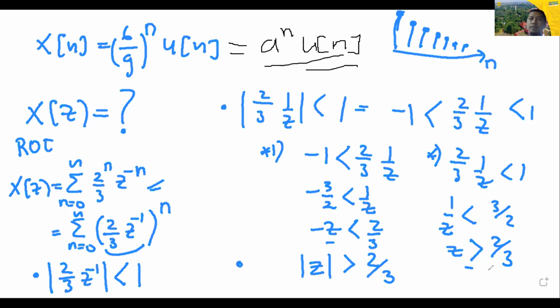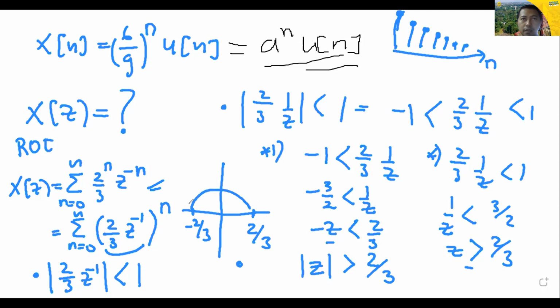Okay, and then from this point, after this, we can draw the ROC here. Actually, you can draw the 2/3 because it works from both sides. This is 4 minus 3.